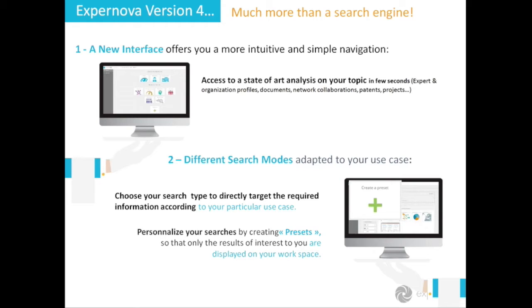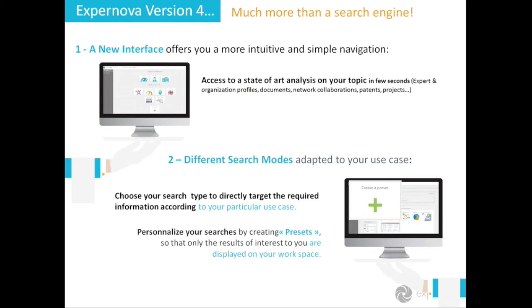The idea of this new interface, we're still keeping the navigation as simple and user-friendly as possible. However, we're now providing different ways to search through the information, as I said earlier, creating new search parameters to make the tool more flexible and customizable to your strategic questions, to your user needs.